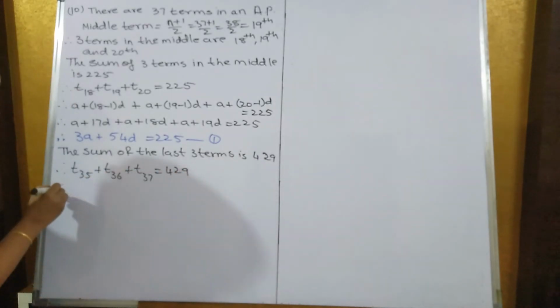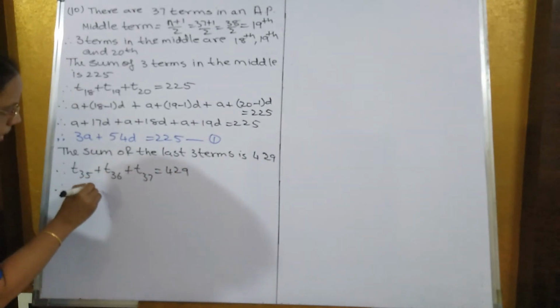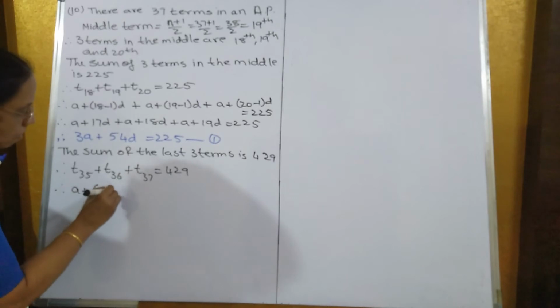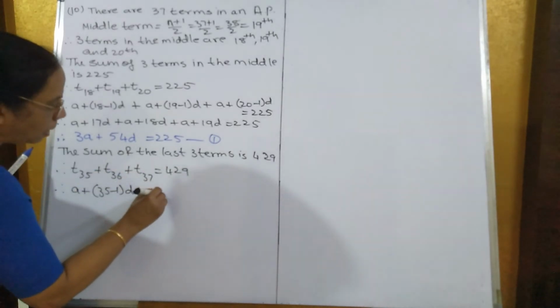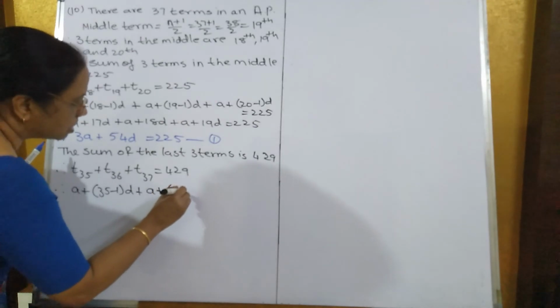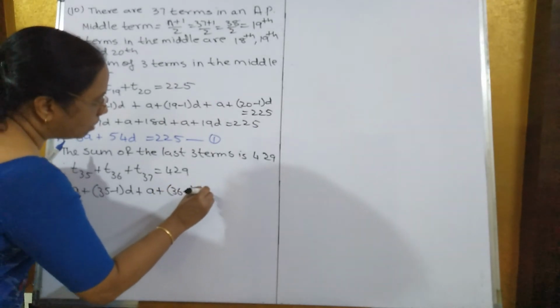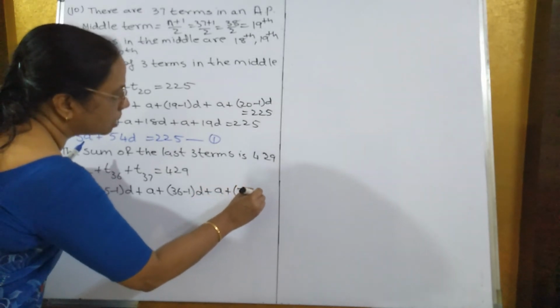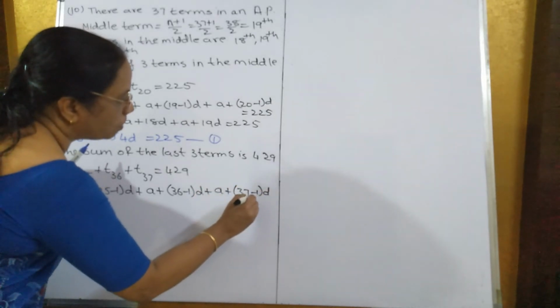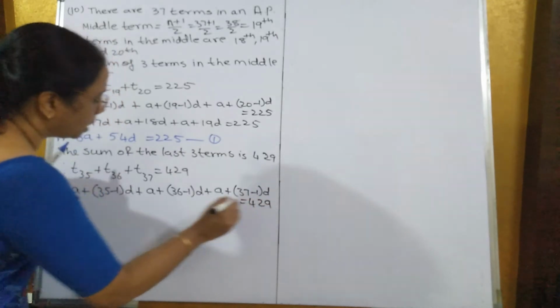So what is T35? A plus 35 minus 1 D, plus T36 is A plus 36 minus 1 D, and T37 is A plus 37 minus 1 D, which should be equal to 429.